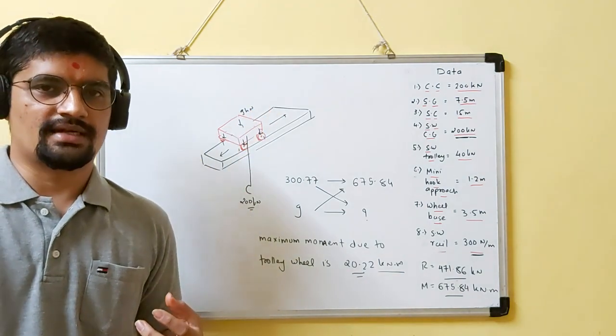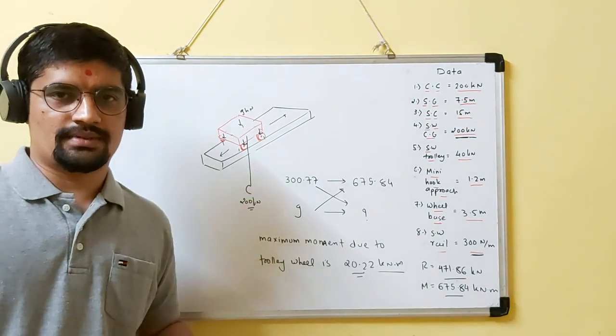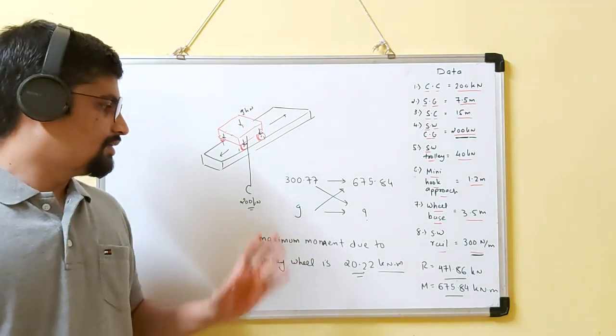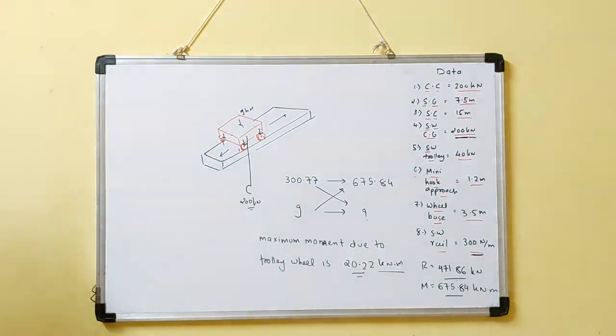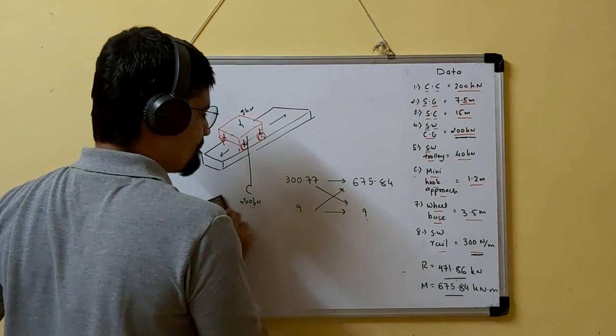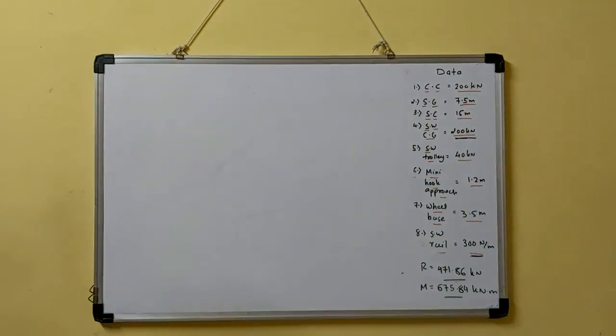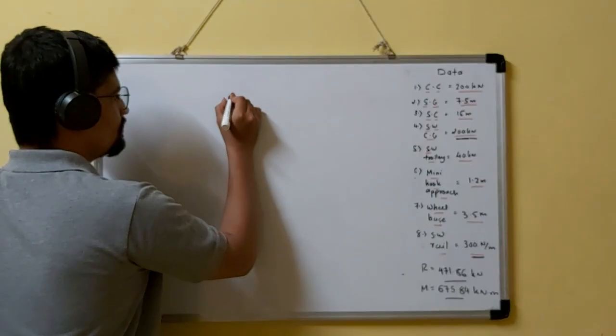There you will get all the information about each step we are calculating. So the fourth load is the longitudinal load.